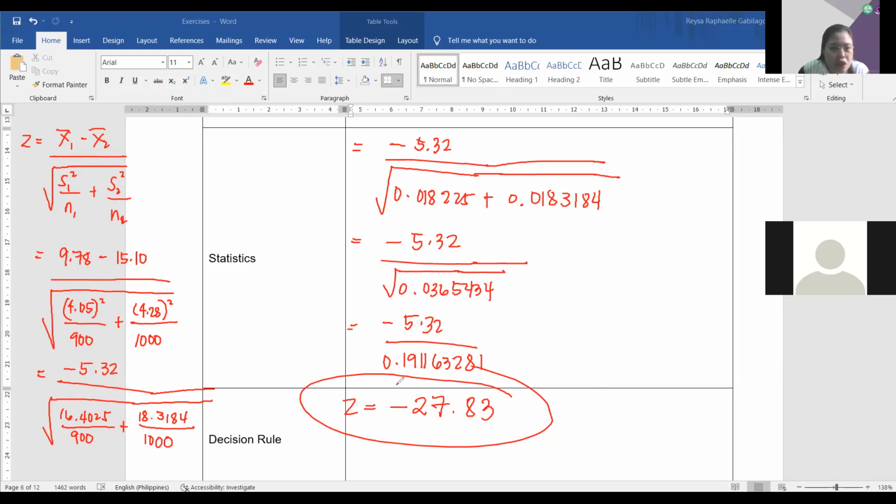Yung iba na hindi 27.83 or negative 27.83, I think you rounded off during the process. That is why iba yung inyong decimal. Decimal lang naman. So no problem. Questions about the computation or clarifications? May gusto kayong i-clarify?